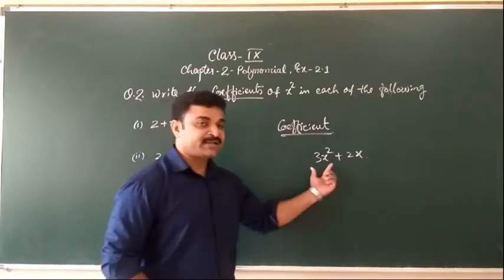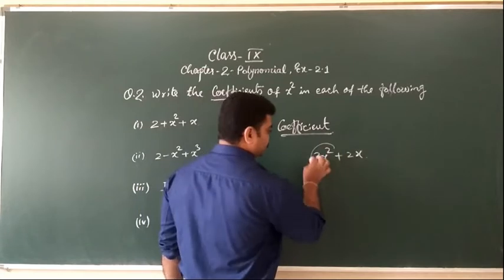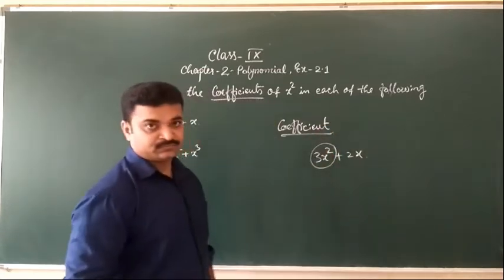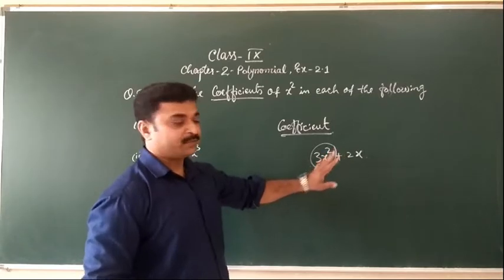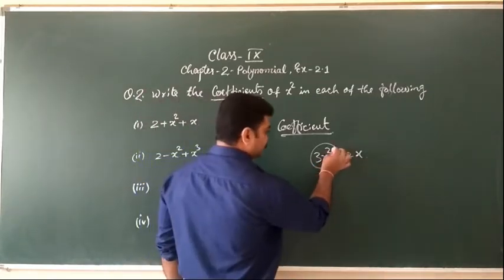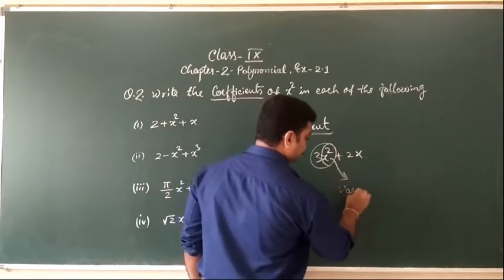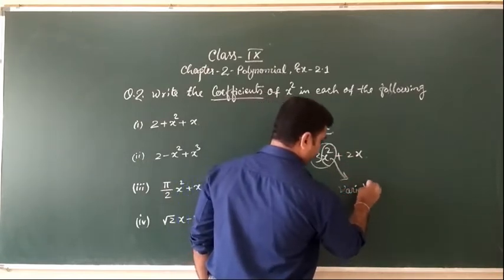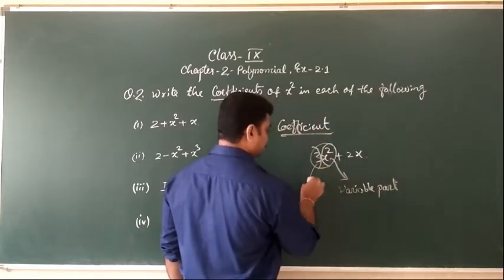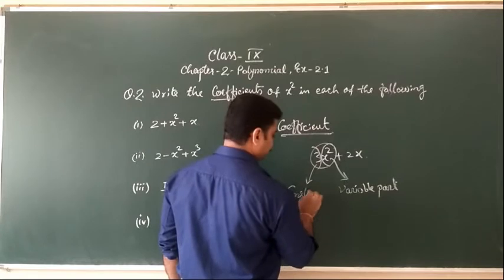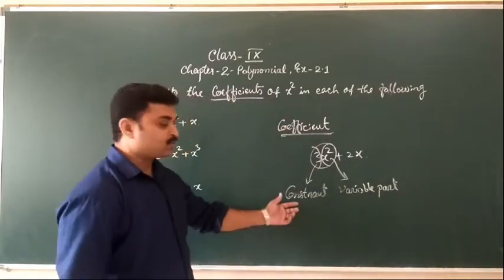In the term 3 into x square, this part is called the variable part, and this 3 is a constant.